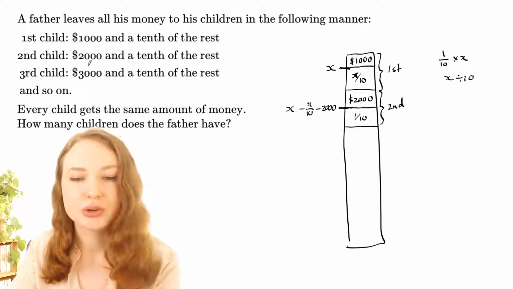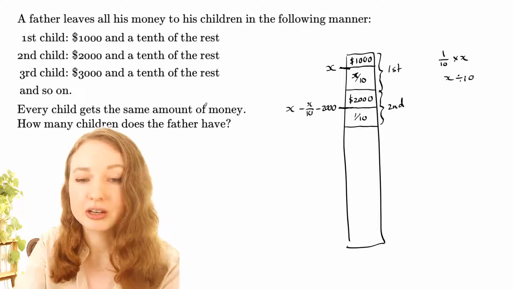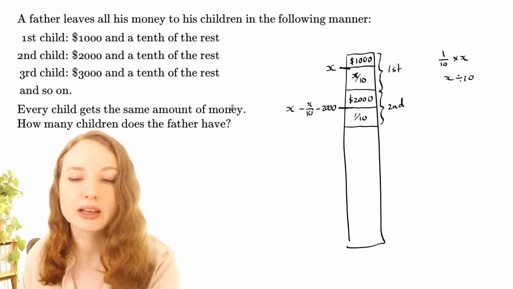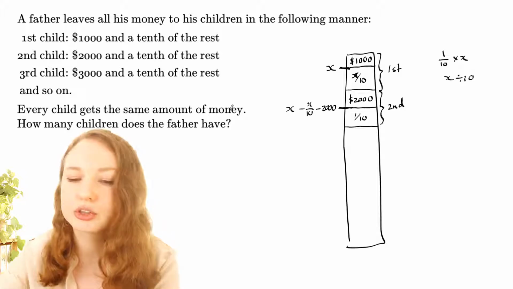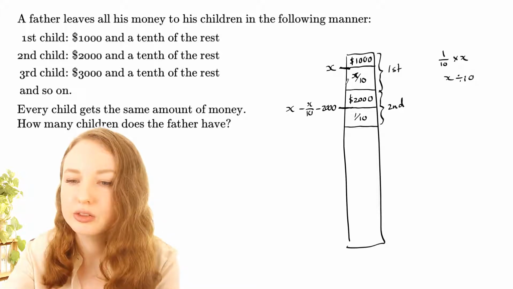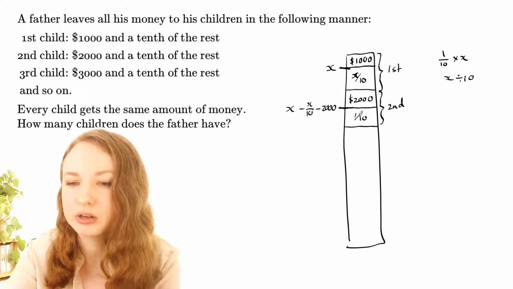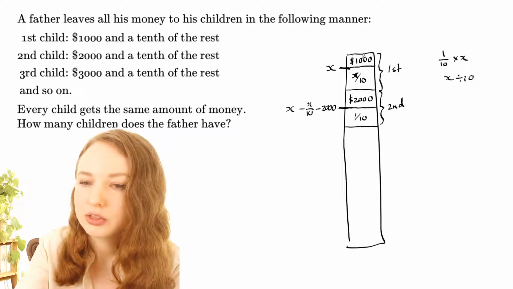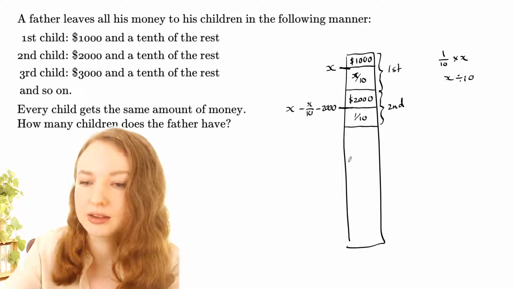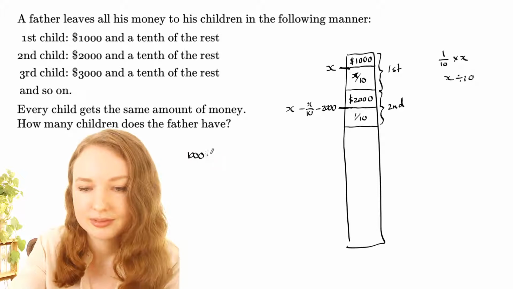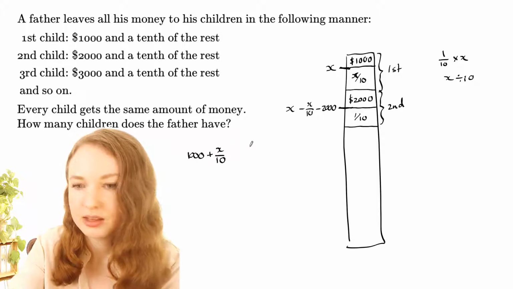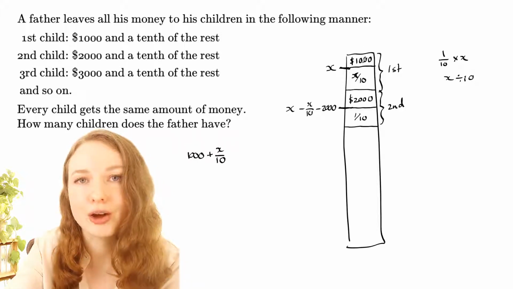So what we want to do is just take this information that each child gets the same amount of money and turn that into an equation. So that's just like this bit equals this bit. So that's 1,000 plus the x on 10. So that's the amount of money that the first child gets.